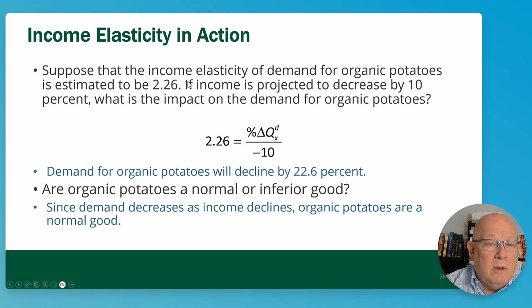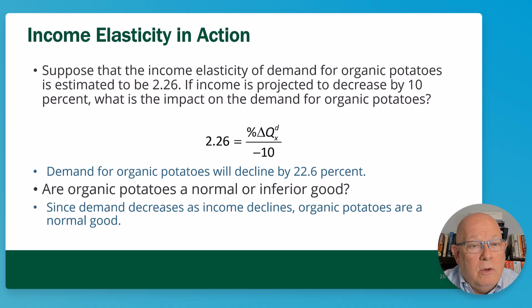That's a positive number, so this is a normal good, because an increase in income is going to raise the demand for organic potatoes. The fact that the absolute value is greater than 1 means this is a very elastic relationship. What happens if income is projected to decrease by 10%?